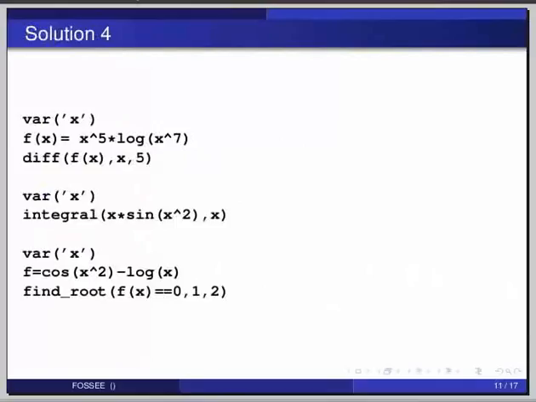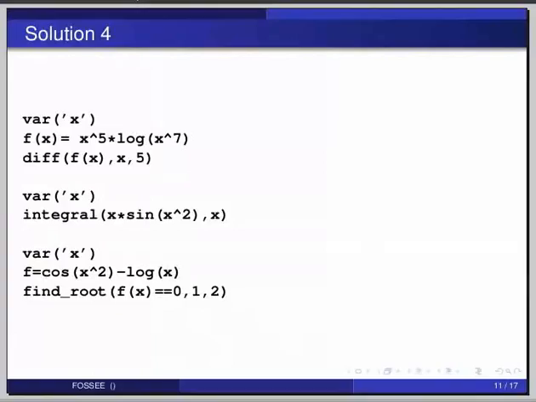So the first one you have to type var('x'). The next line you have to type f(x) = x^5 * log(x^7), and then diff(f(x), 5). After that the next line you have to type var. Second one, you have to type var(x).